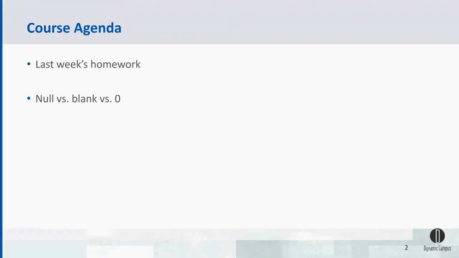I'm going to talk a bit about null versus blank versus zero, and I sort of dithered back and forth on this and changed my mind several times in preparation for this class, whether I was going to talk about data types, numbers, dates, text, stuff like that, before I talked about nulls, or nulls before I talked about data types, and there are good and bad reasons for both.